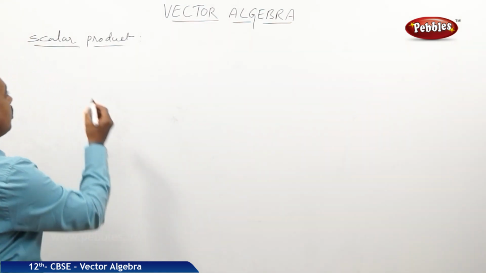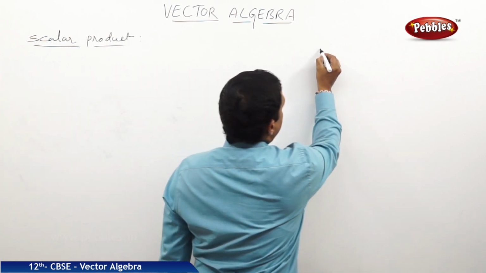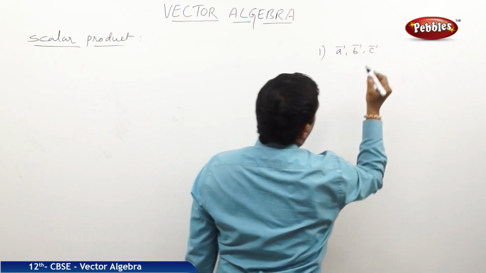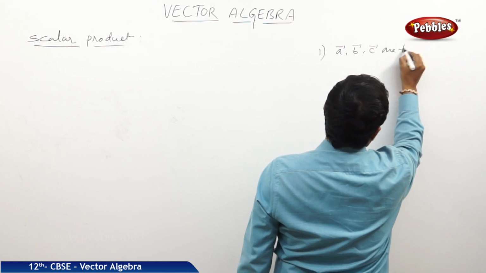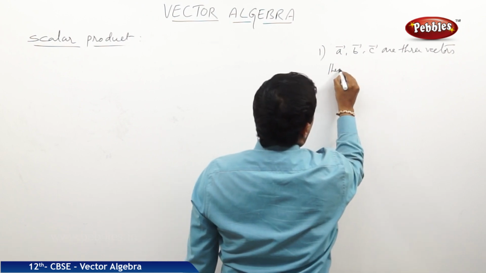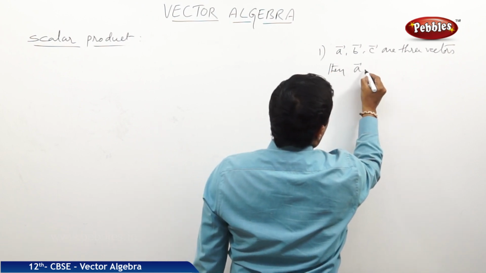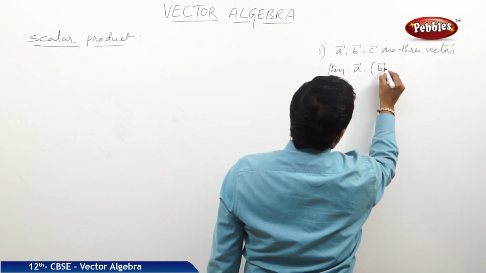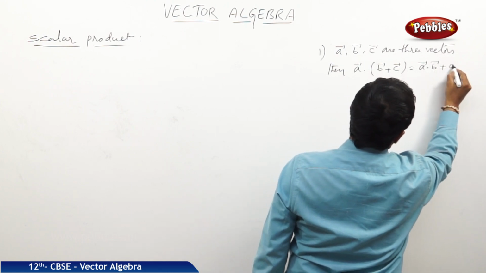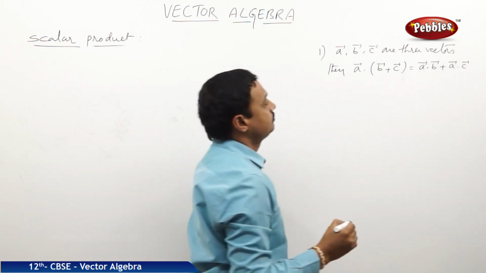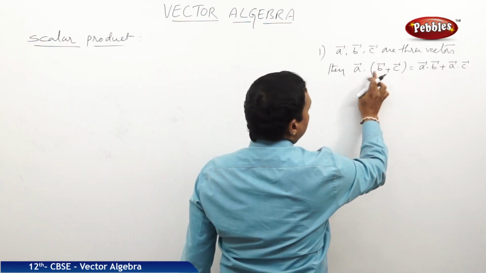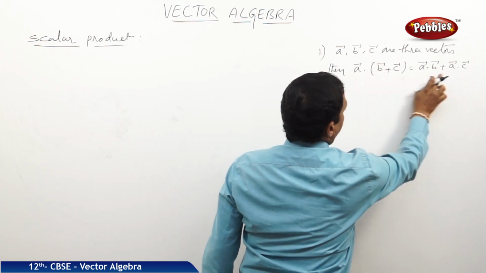Now there are two important properties. The one is, if a bar, b bar, c bar are three vectors, then a bar dot (b bar plus c bar) is equal to a bar dot b bar plus a bar dot c bar. Now this is one property, known as the distributive property. A dot (b plus c) is equal to a dot b plus a dot c.